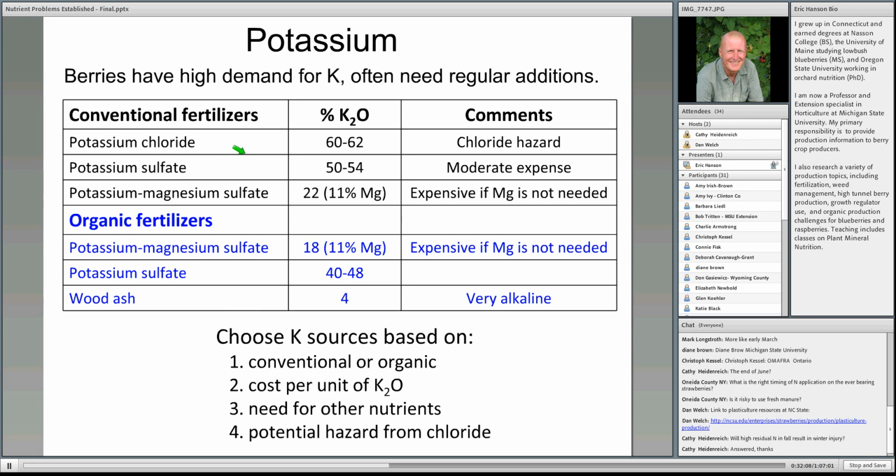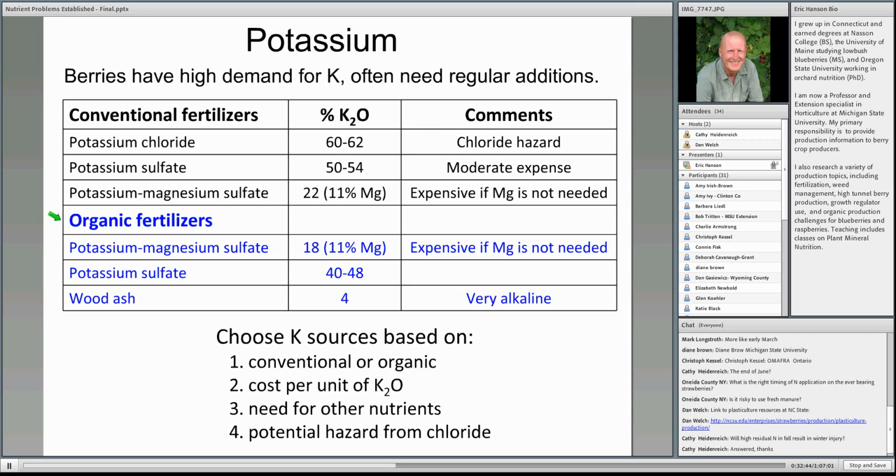The cost per unit is cheapest for potassium chloride. Potassium sulfate is somewhat higher in cost, and potassium magnesium sulfate, or SOPO-MAG, is even higher in cost per unit of potassium. The potential problem with potassium chloride, or muriate, is that it contains chloride, which in high enough concentrations can damage berry crops.